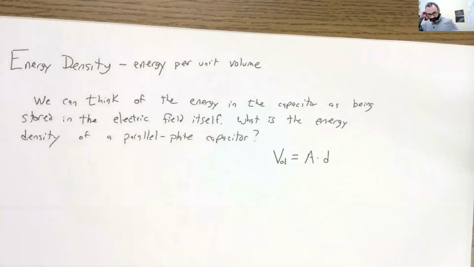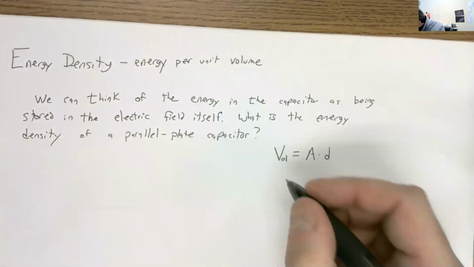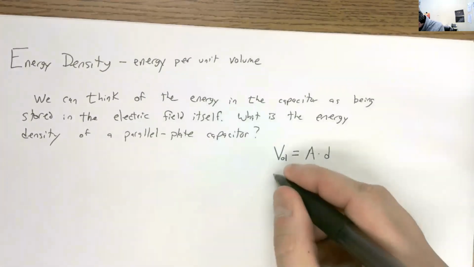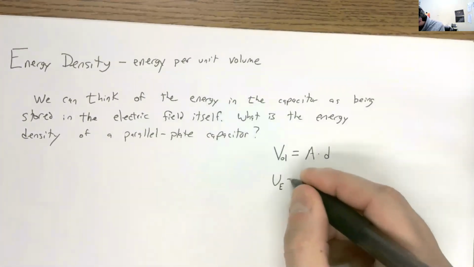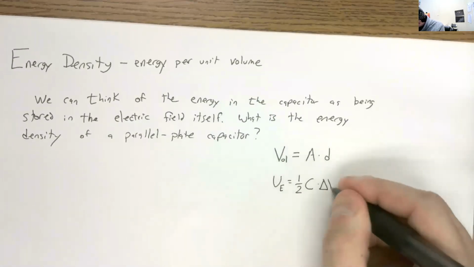What other information are we going to need? The amount of energy that we have. So we're going to need one of these expressions that we just found. We found 3 expressions, right? And the thing that we don't know is the charge. So we'll use the expression that doesn't have the charge in it: the energy is just 1/2 capacitance times potential squared.